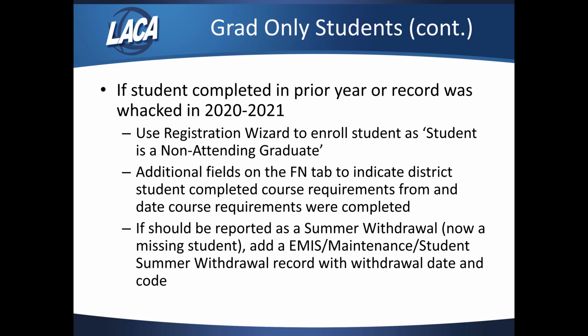If the student should be reported as a summer withdrawal and is now on your missing student list, then add the student summer withdrawal record with the withdrawal date and code.